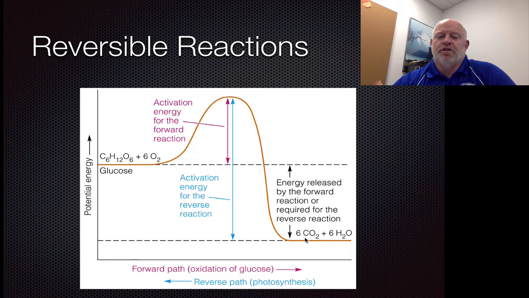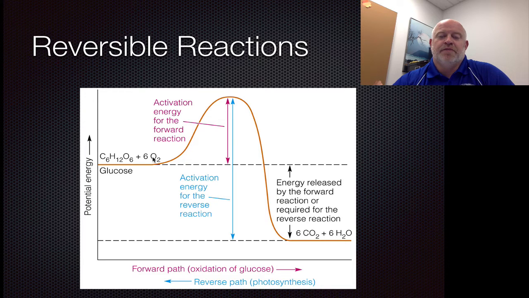If we go the other direction, where we take water and carbon dioxide, we can get this reaction to run in reverse, but we have to give it all of this energy to get over the top of that hump to go back down here to make glucose and oxygen. Otherwise known as photosynthesis.